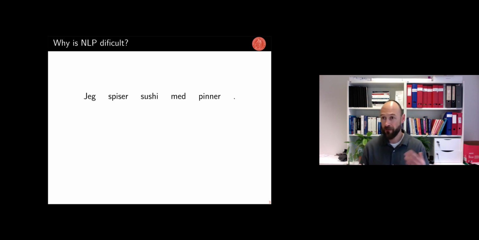When we, as competent human language users, read the sentence, we immediately, without thinking of it, understand that sticks here is tied to the verb to eat. So we're doing the eating using sticks. We just understand that immediately. But there's another reading of the sentence, which is grammatically speaking perfectly fine.